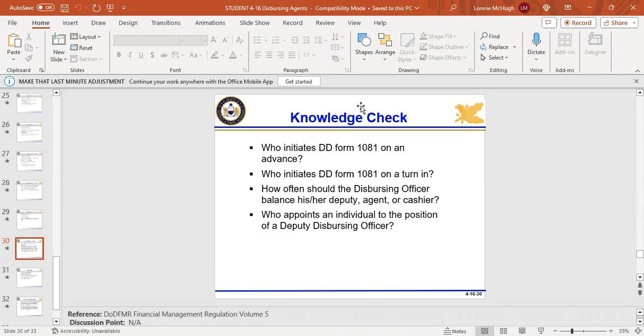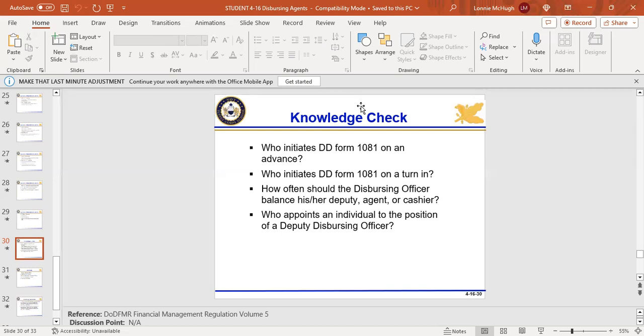All right. So the DD form 1081 can be a little bit confusing. But remember, all of your increases in accountability are done in columns Bravo and Charlie. Your decreases are Delta and Echo.